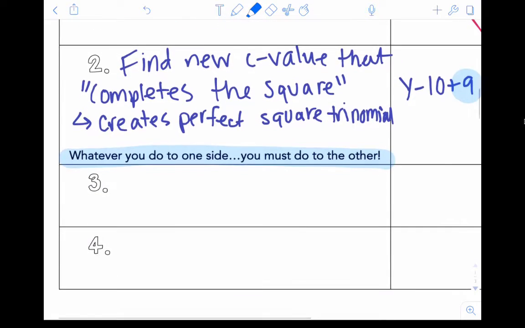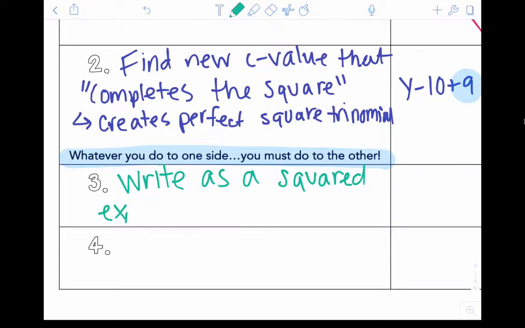All right, my next step, I need to write this as a squared expression. So this is going to get that binomial that I need in order for it to be in vertex form.